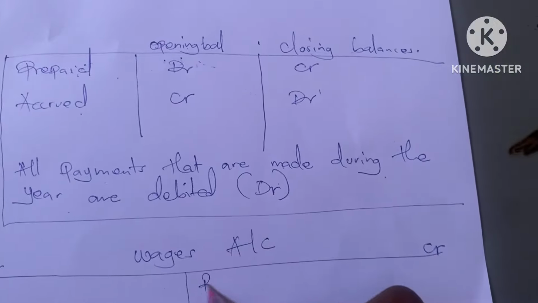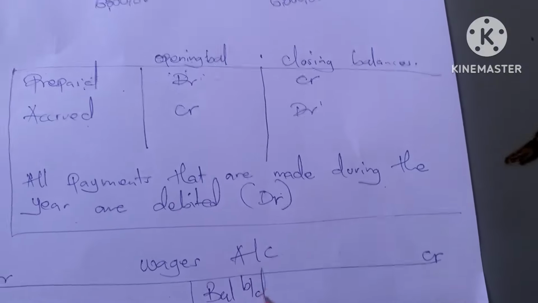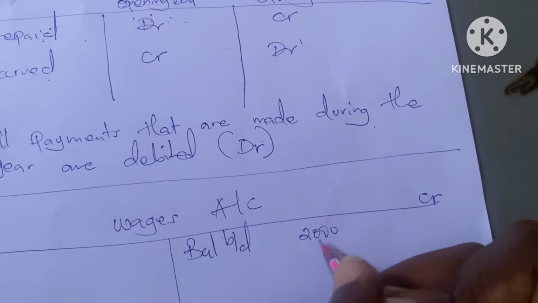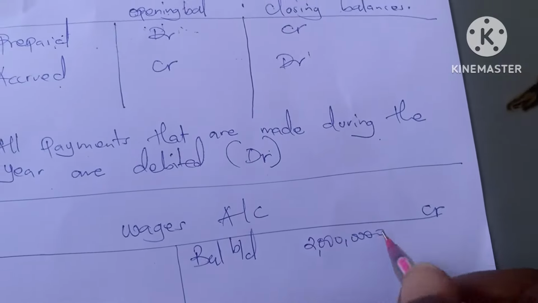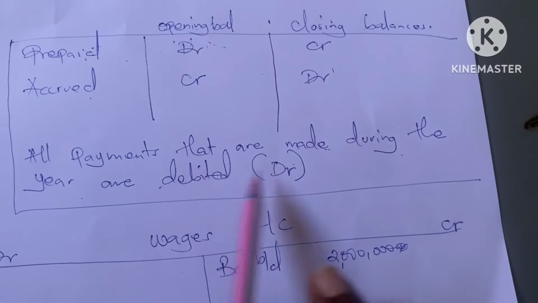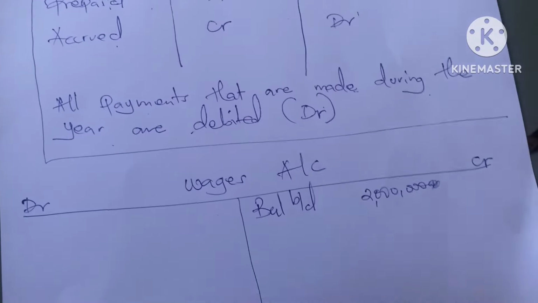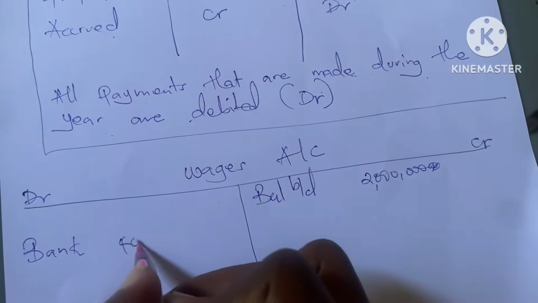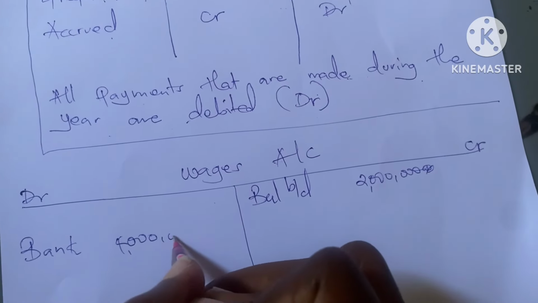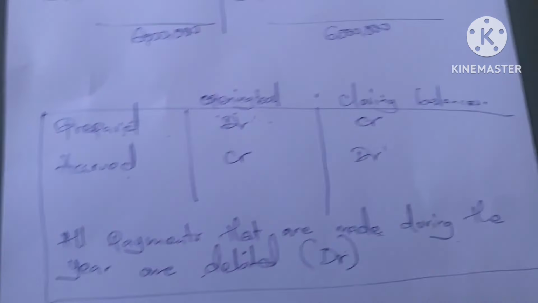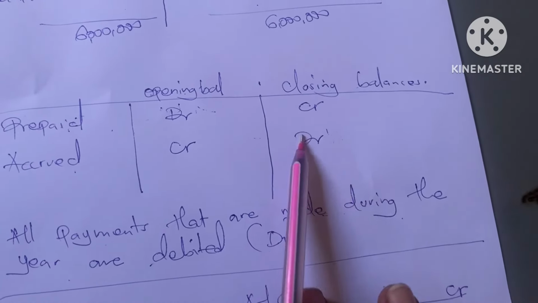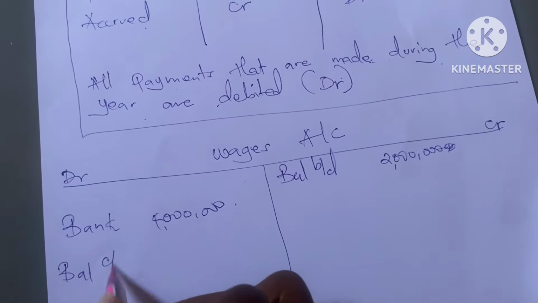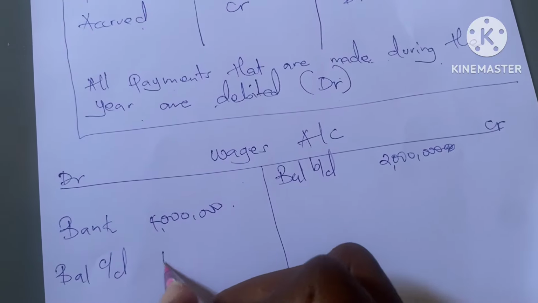So balance brought down, we shall put it on the credit side. It will be 2M. Then all payments made during the year are debited. So on this side we write bank, which is 4M. Then the closing balance, if it is accrued, we debit it. So we shall write on this side balance carried down. It will be 1M.